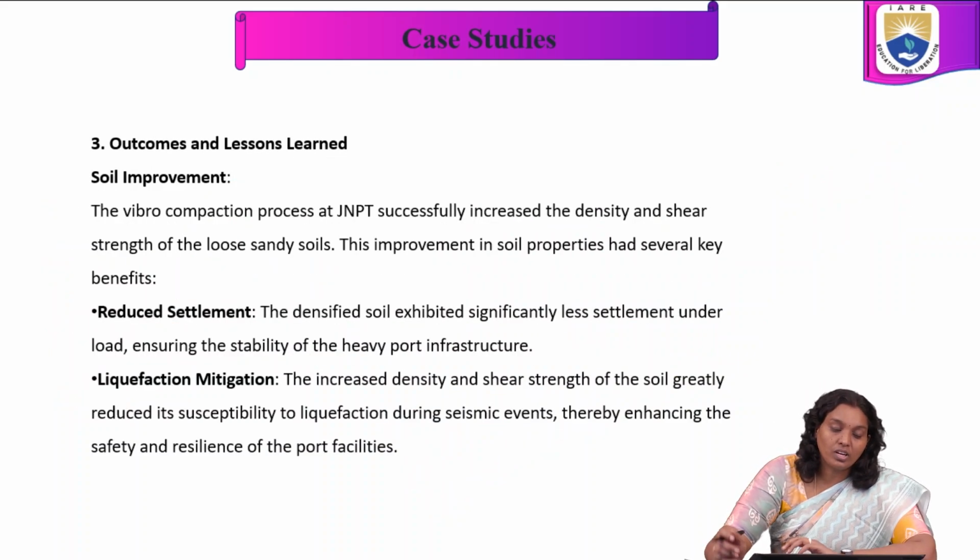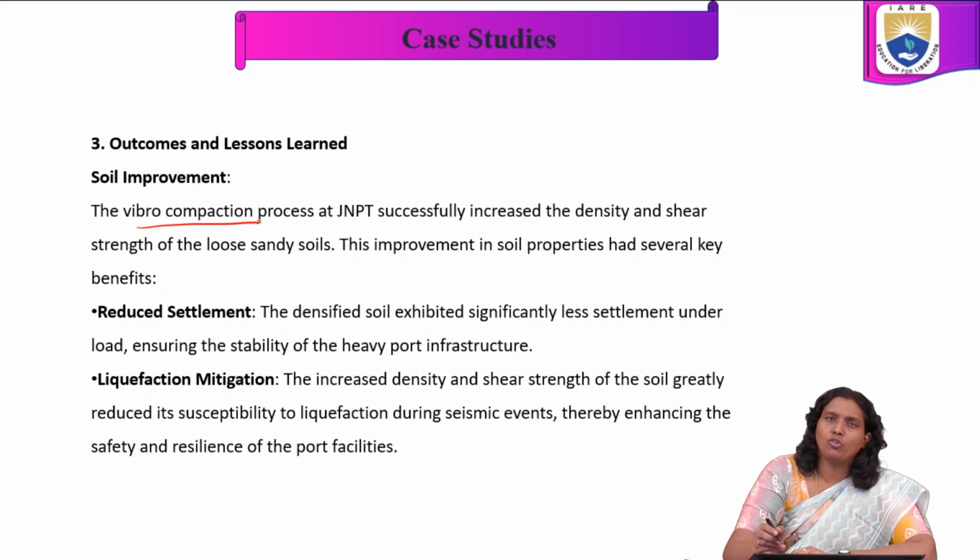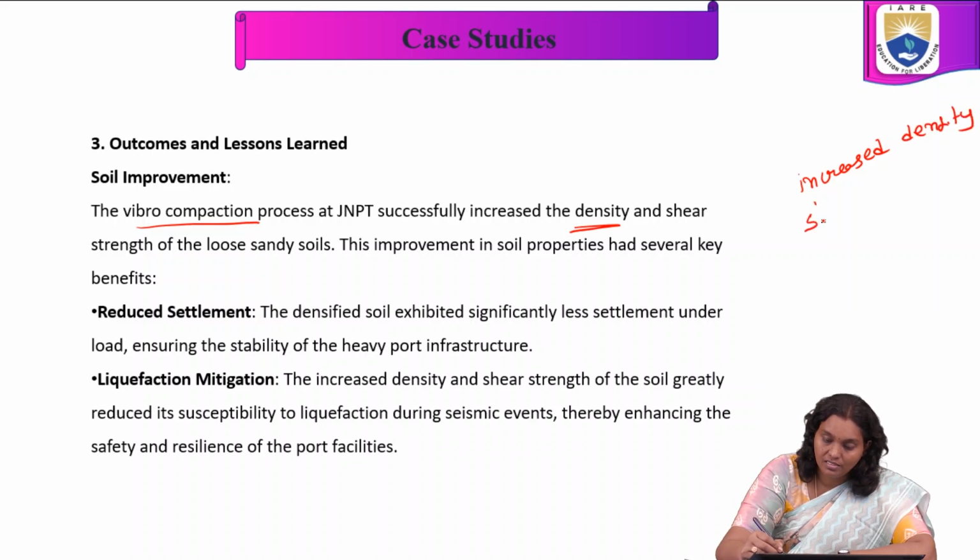In outcomes and lessons learned, what kind of outcomes are we understanding? The soil improvement. Using this vibro compaction technique at Jawaharlal Nehru Port Trust successfully increased the density. That is the property that increases using this technique, along with shear strength.